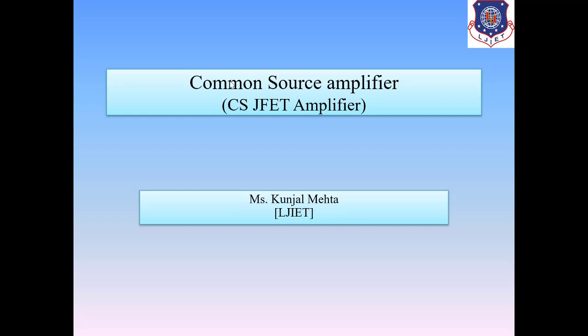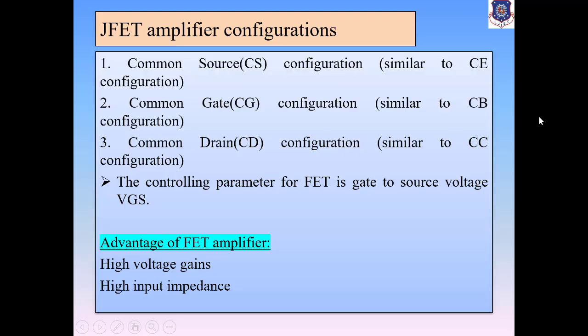Today we will study the topic Common Source Amplifier, the CS-JFET amplifier, of the Basic Electronics subject. Before starting the common source amplifier, first of all we will have to understand the configurations of the JFET amplifier.